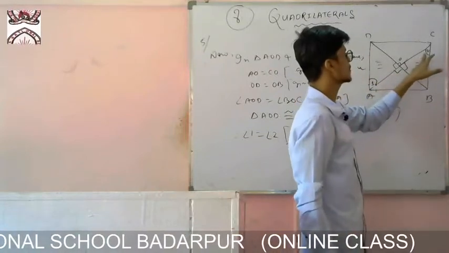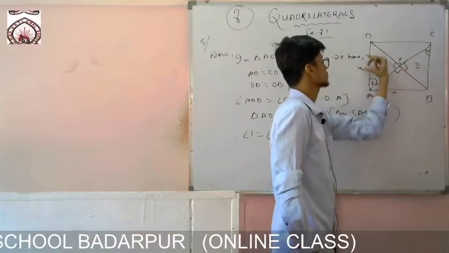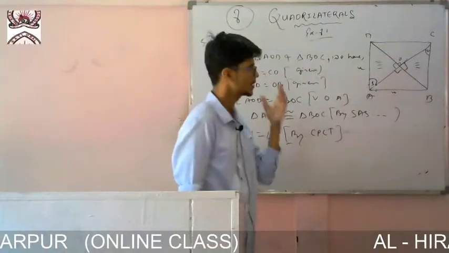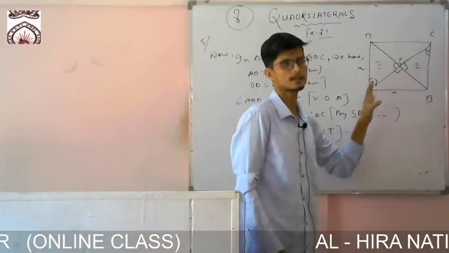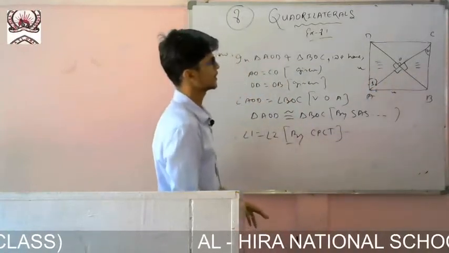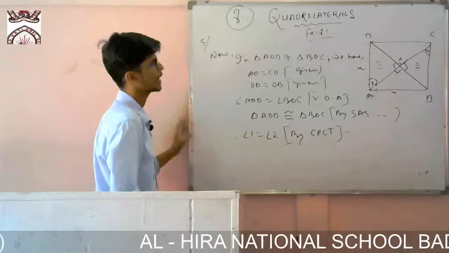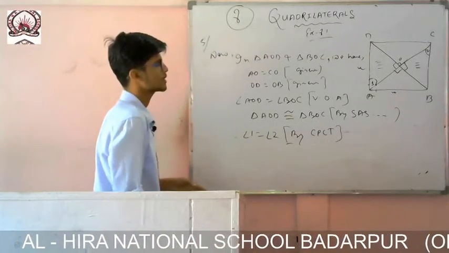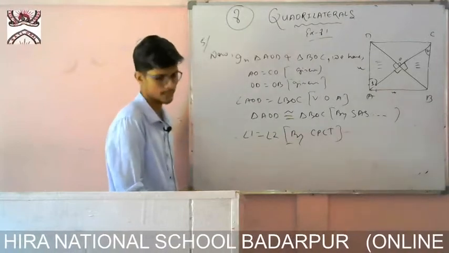These two angles will be equal if and only if these two lines are parallel, and AC is the transversal. Only then will these angles be equal. So angle 1 equals angle 2 means these two are alternate angles.